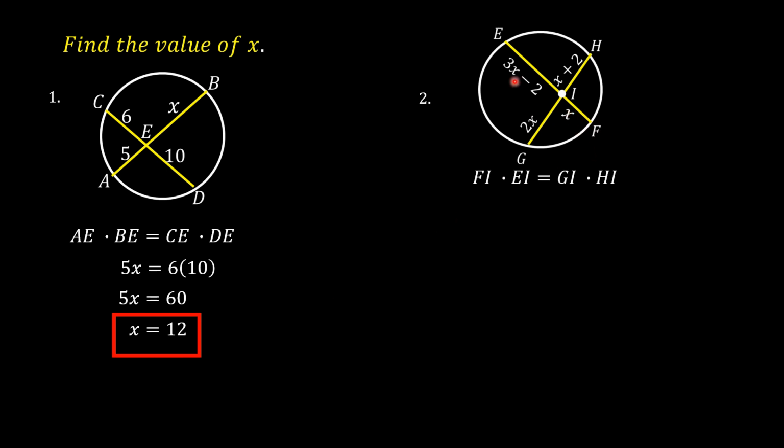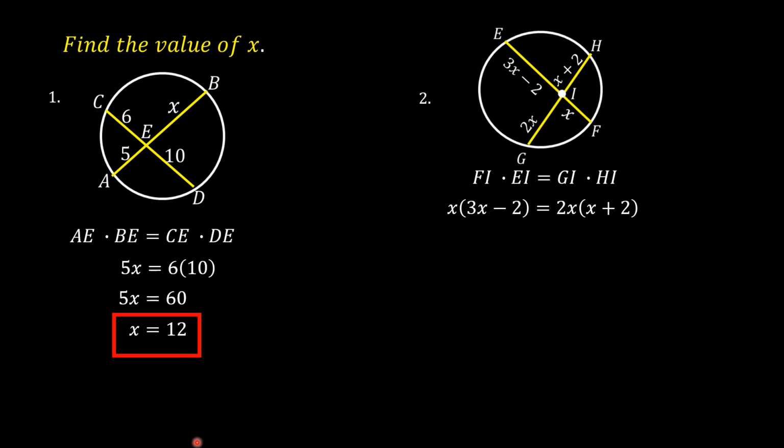FI times EI is equal to GI times HI. So x times 3x minus 2 is equal to 2x times x plus 2. Let us write that: x times the quantity 3x minus 2 is equal to 2x times the quantity x plus 2.